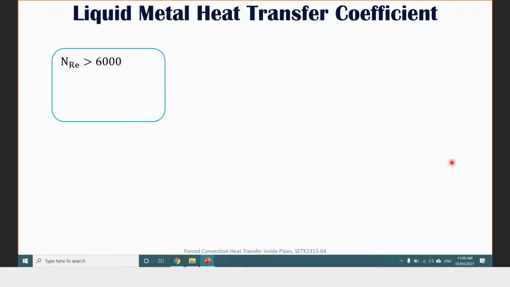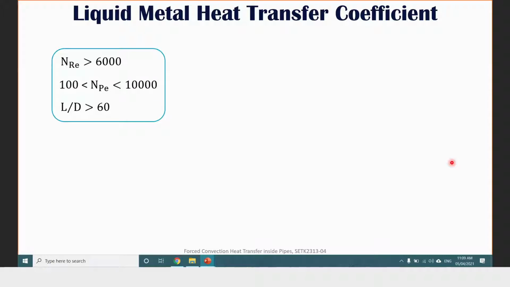Of course, if it's in turbulent flow, then the Reynolds number will be more than 6,000. The Peclet number, Pe, will be between 100 and 10,000, while L over D is more than 60.